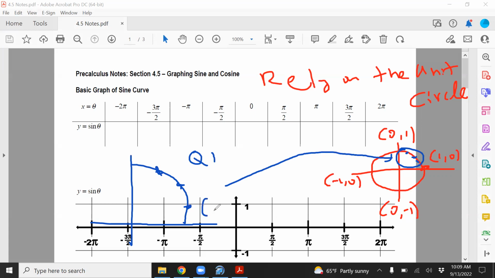We know this is, well, what is this? If this is 30 degrees right here, or pi over 6, and let me change colors because that might show up a little better. Pi over 6.